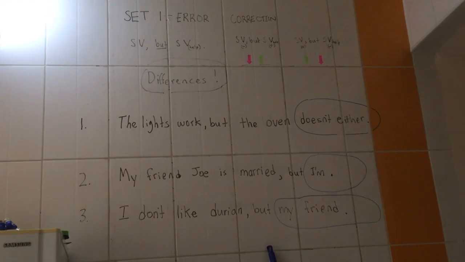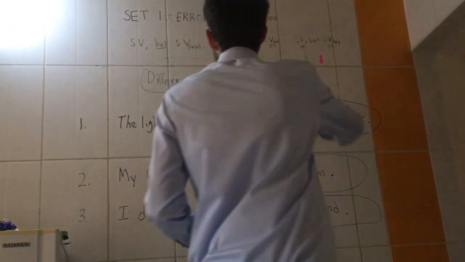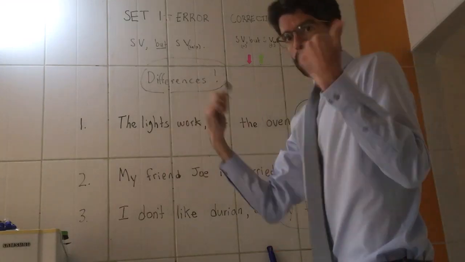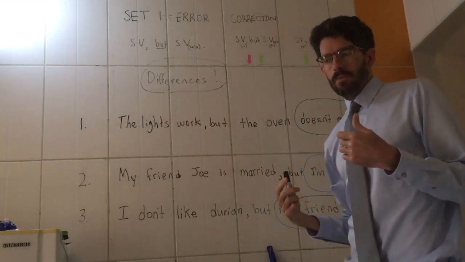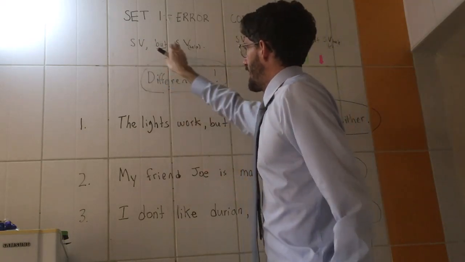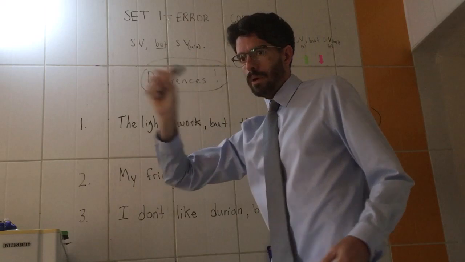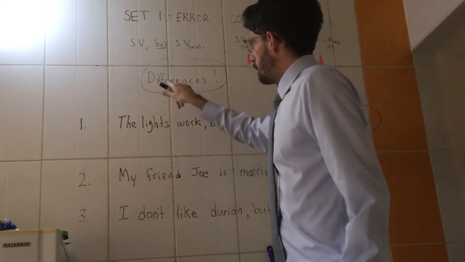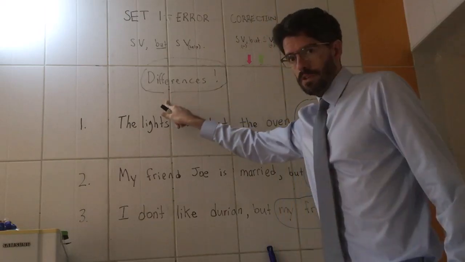All right, so this is one more error correction, okay? In the last video, when you are saying that two parts are the same, it was positive, positive, or negative, negative. But this time, we're talking about differences.